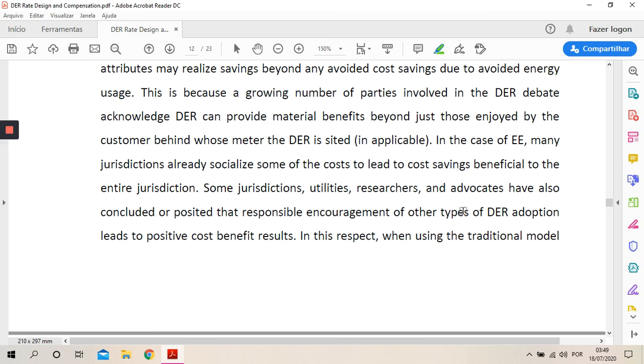In the case of EE, many jurisdictions already socialize some of the costs to lead to cost savings beneficial to the entire jurisdiction. Some jurisdictions, utilities, researchers and advocates have also concluded or posited that responsible encouragement of other types of DER adoption leads to positive cost-benefit results.